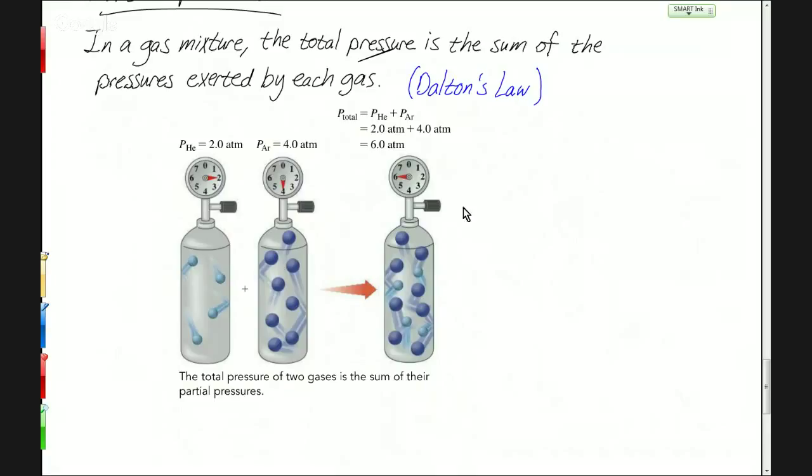All right? If I mixed those 2 gases together in the same volume, the total pressure would be 6 atmospheres, because it would be the sum of the helium pressure and the argon pressure. So we would say the helium pressure is a partial pressure.